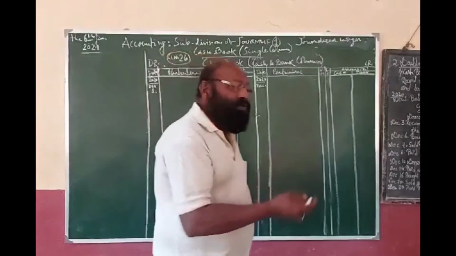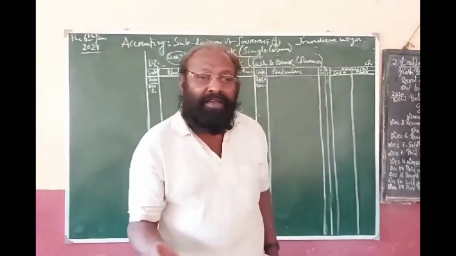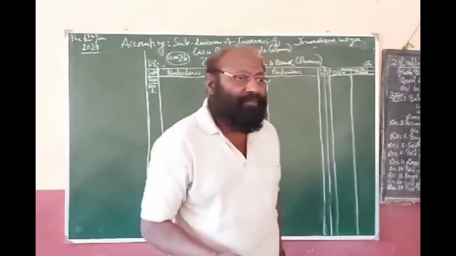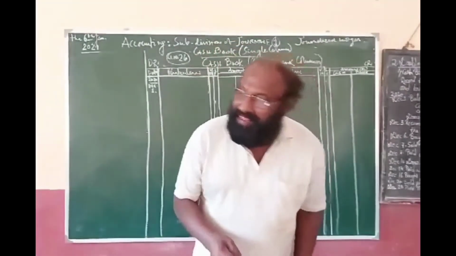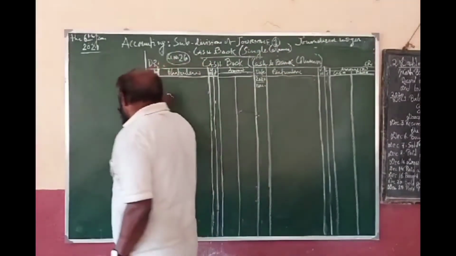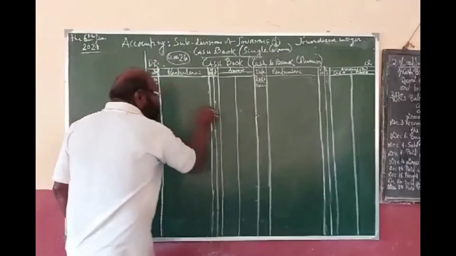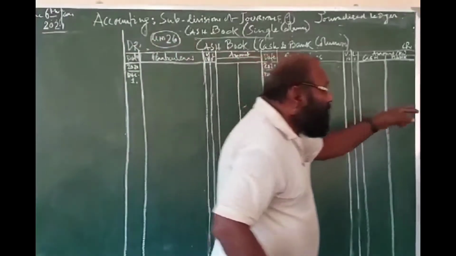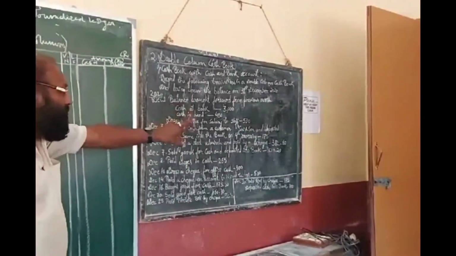Yesterday I took up the opening transaction, started business with cash, cash account debit to capital, and that is why we wrote here to capital. But today in our problem, what is given? Balance brought forward from the previous month.